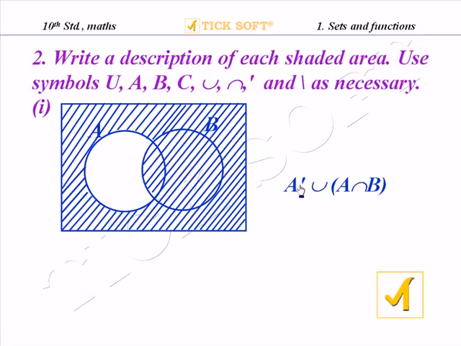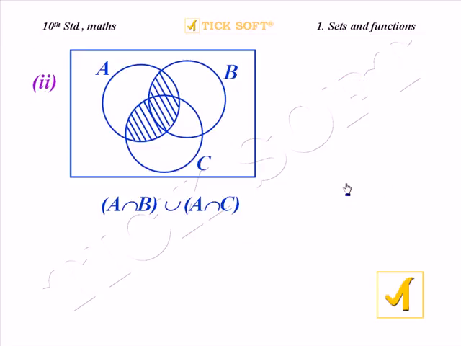That is A dash union A intersection B. A intersection B is taken, and then A dash. A dash means except this A, you have to take all. So A dash union A intersection B is this figure.